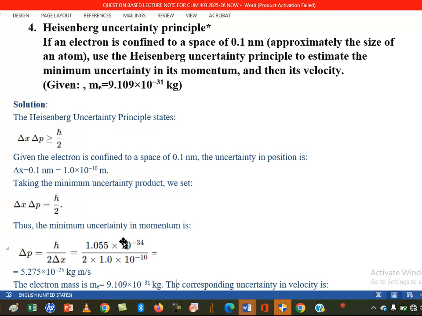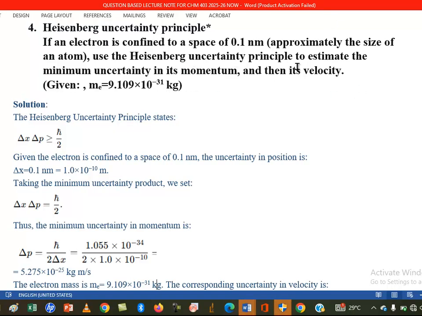So your final answer should be 5.275 times 10 to the power minus 25 kilogram meter per second. So that's your answer there. Now remember, you have a second consideration. We've gotten the momentum.